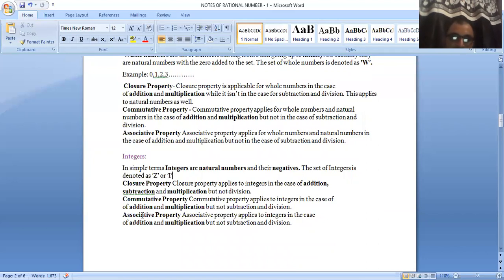Associative property applies to integers in the case of addition and multiplication but not subtraction and division, like whole numbers. Commutative property and associative property are closed under addition or multiplication but not subtraction and division.